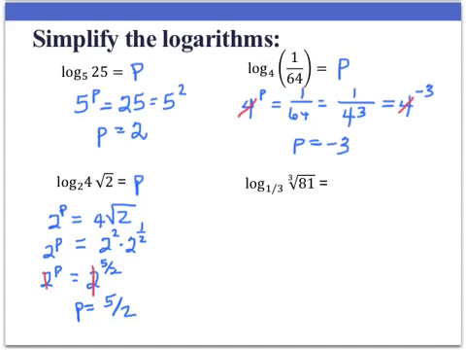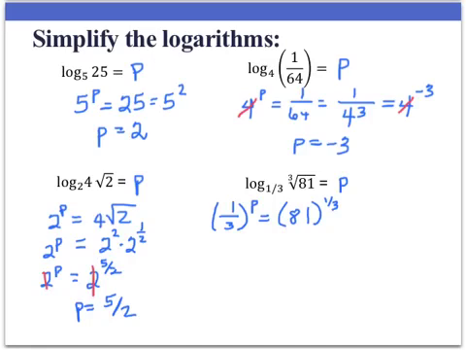Okay, let's do one more. Now I'm going to put my variable. You can use p for power or x. And I'm going to go 1/3, the whole thing, raised to the p power. And I'm going to equal that to the cube root of 81, but I'm going to go ahead and rewrite this as 81 to the 1/3. And what I want to do here is bring my 1/3 up.